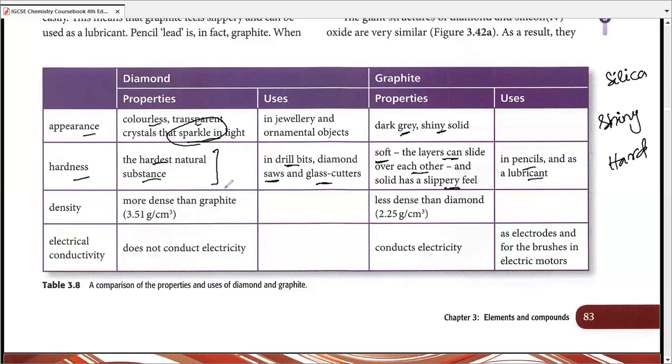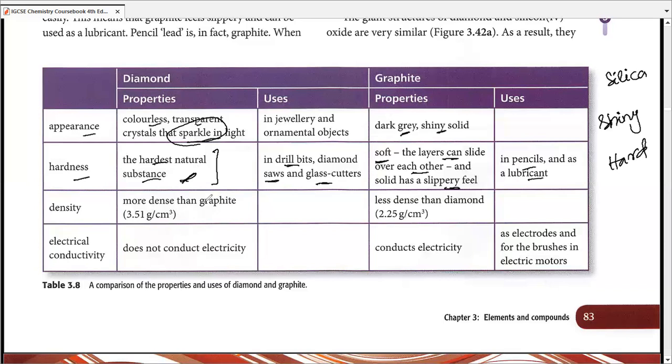Since the hardest natural substance can only cut itself and everything else cannot scratch or cut it. So iron cannot cut it, no other element can cut it, diamond can. We're talking about just the natural substances, not the artificial ones. We have many substances that are harder than even diamond, but those are artificially made. All right.